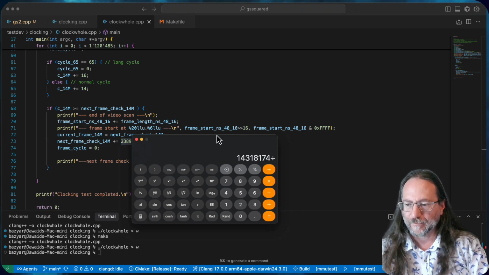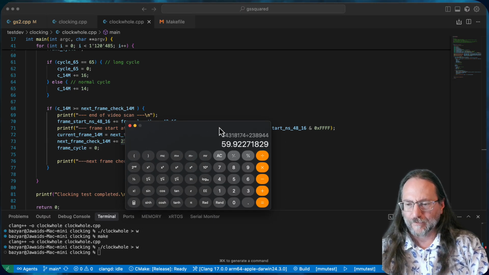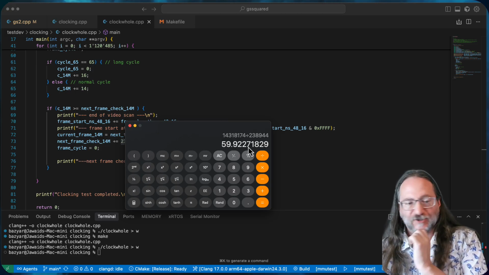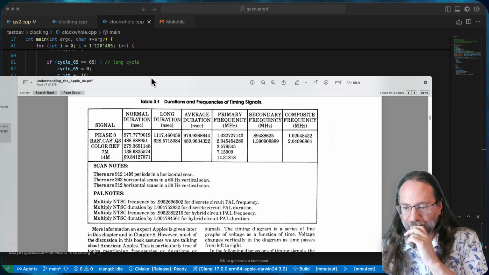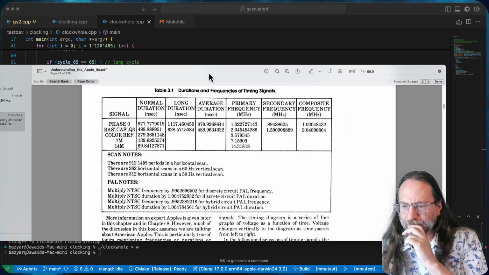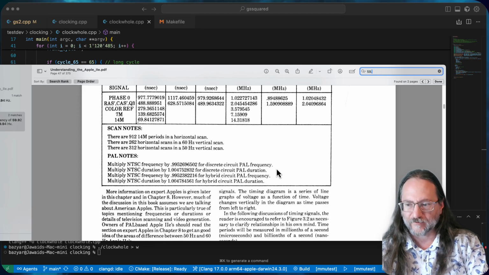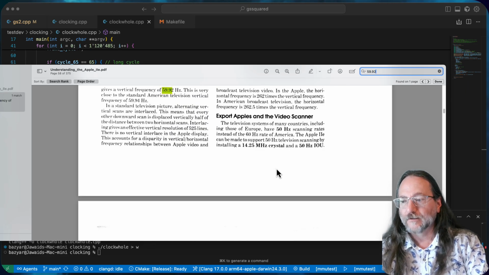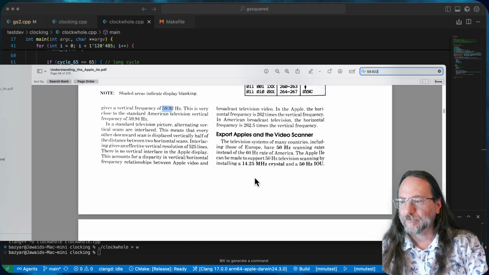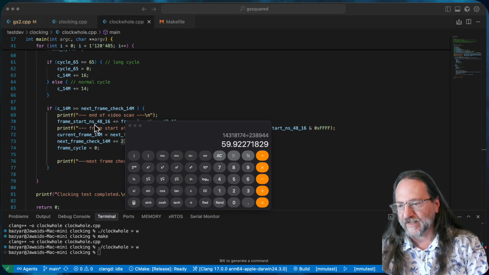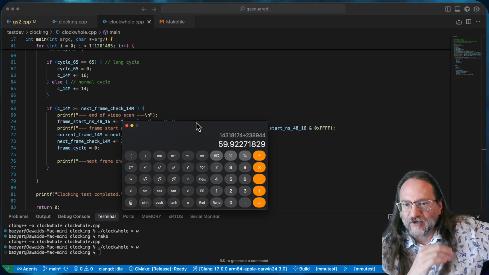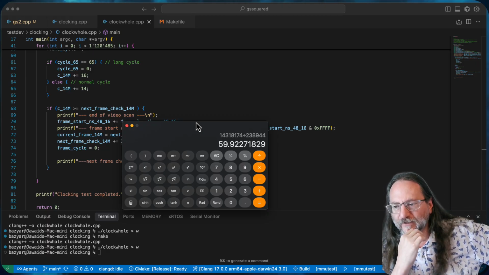There. Okay. So 59.9227. I'm not sure that was on that screen. Let's see, 59.92. He doesn't show that with greater precision. However, that's essentially the correct figure that I calculated before off screen.